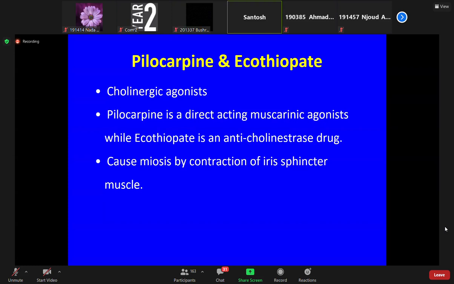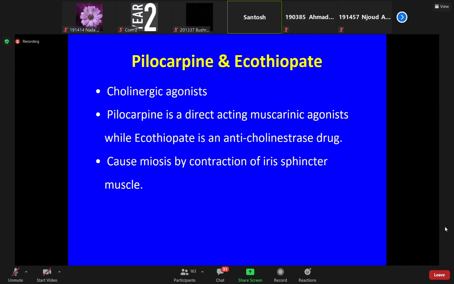It's indirect because it's not acting on any receptor. It's inhibiting an enzyme, the acetylcholine esterase enzyme. The role of this enzyme is to degrade the acetylcholine present in the synaptic cleft. Acetylcholine also stimulates the muscarinic receptors, same as pilocarpine is doing, but it's naturally degraded by the acetylcholine esterase enzyme.